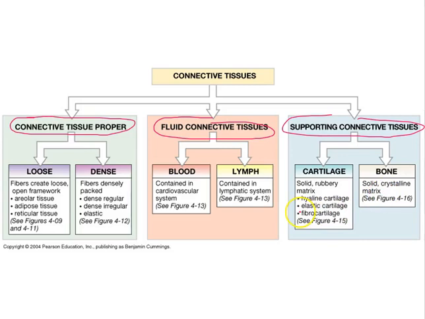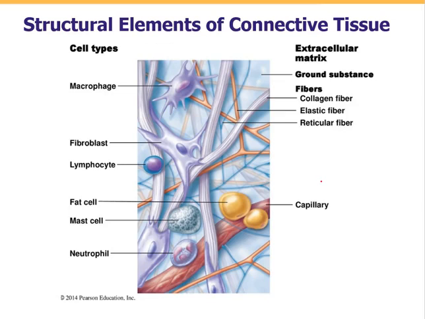In this chapter, we are going to study these different forms of connective tissue: loose connective tissue, dense connective tissue, blood, cartilage, and bone.